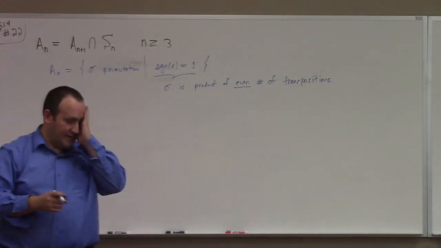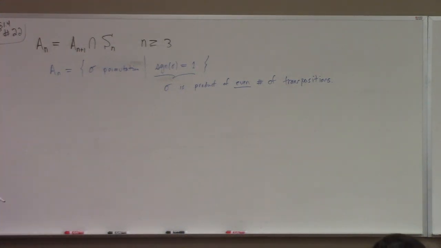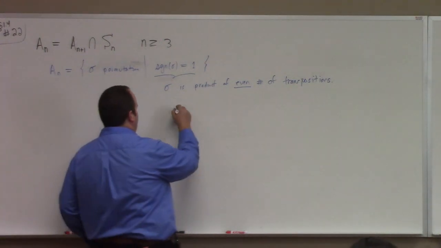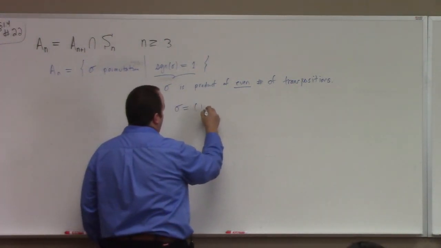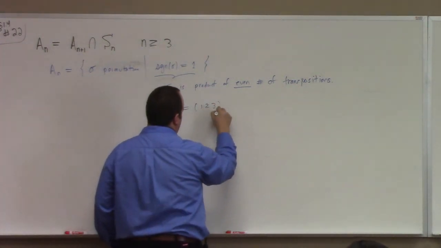It can be proved. You can show that no matter how you decompose a given permutation into transpositions, the number of transpositions making up that decomposition will be either even or odd, no matter how you reformat the cycle. So for example, we had sigma equal to (1 2 3).